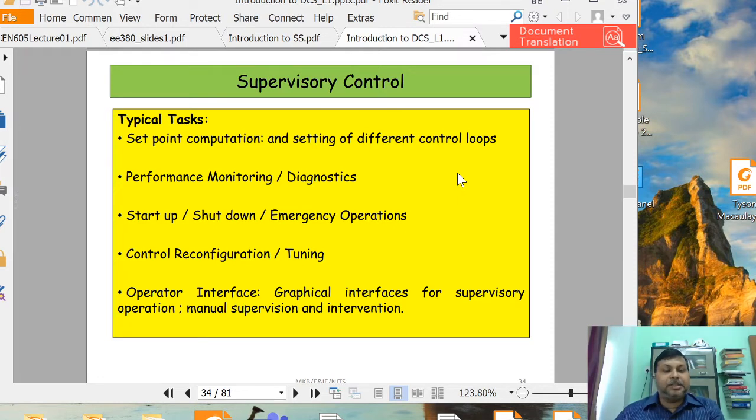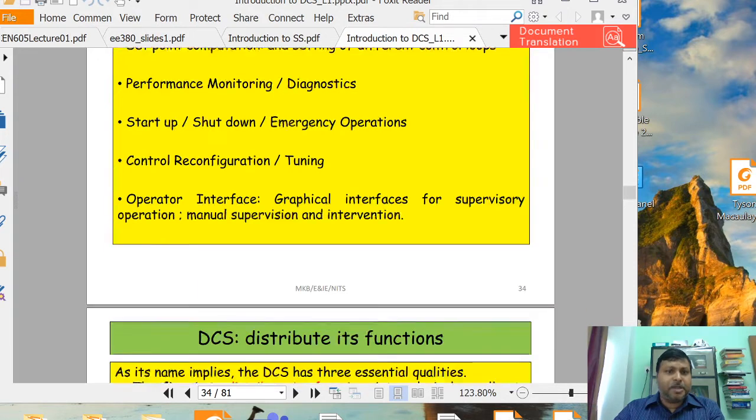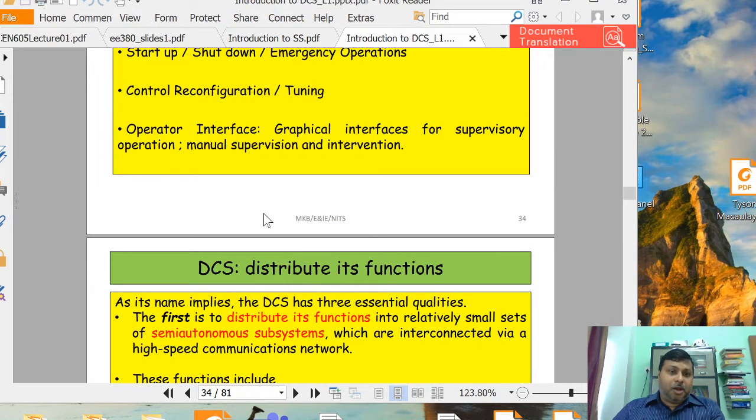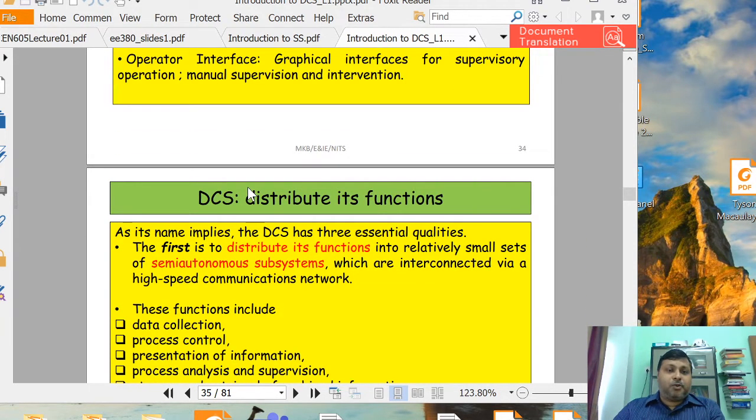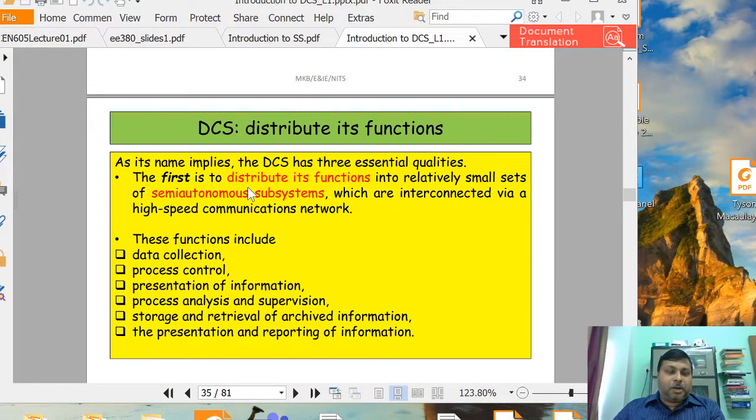So these are the main tasks that must be performed by any supervisory control action or supervisory controller.